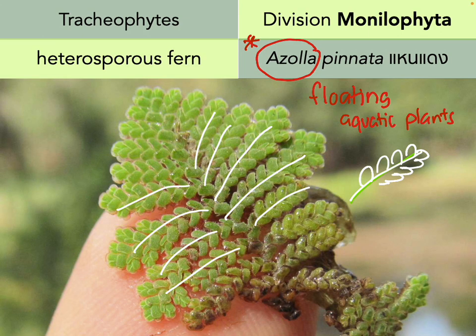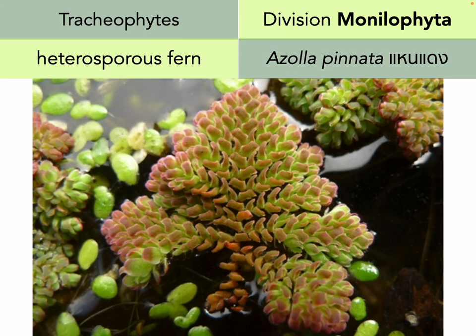And what is so cool about this is that if you leave them in the water for so long, it turns red. So this red color acts as a sunscreen. If you leave them in the sunlight for a real long time, they turn really red.